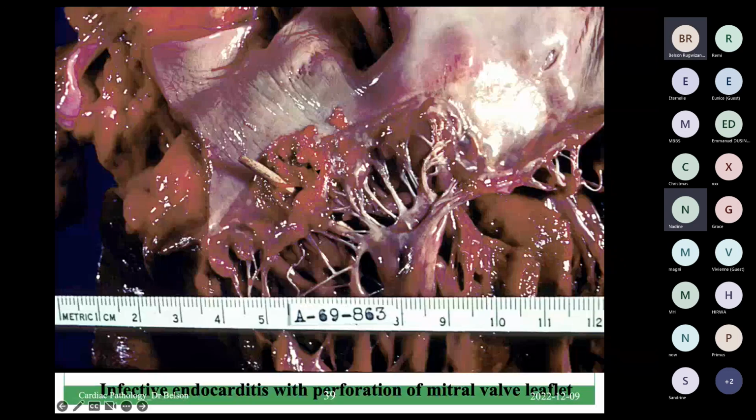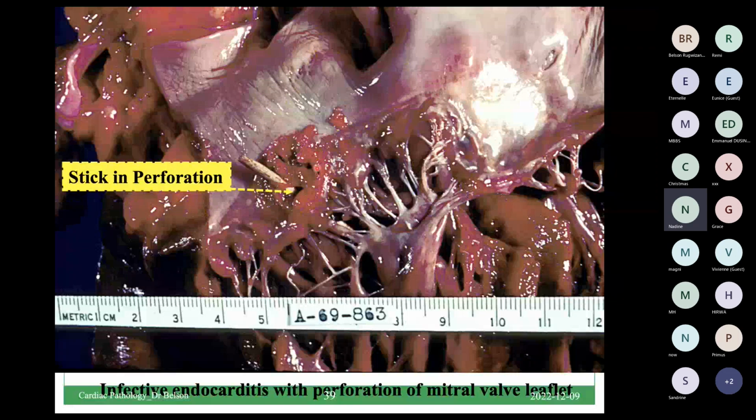So this is the valve, and this is how it appears. It looks like many intertwined cords, but closed in such a way that no blood passes when it should not. But here there has been infective endocarditis with perforation, where a stick was passed through and there was perforation, and there are these irregular vegetations.